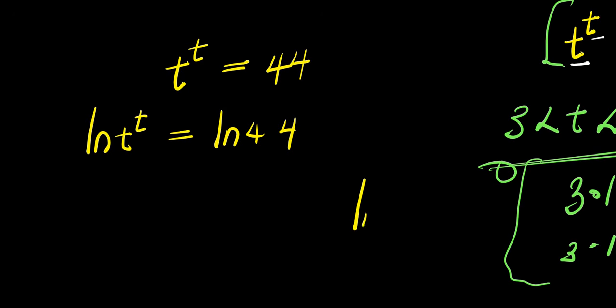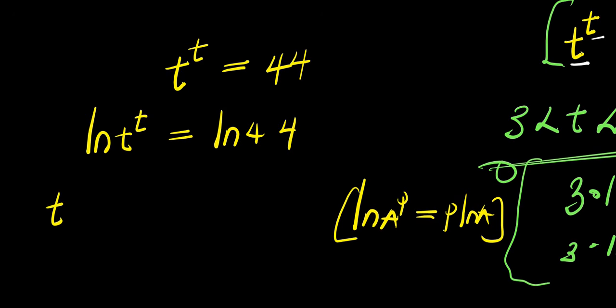And once you have natural log a power p, this gives you p times natural log a. So natural log t power t will give you t times natural log t, and this equals natural log 44.